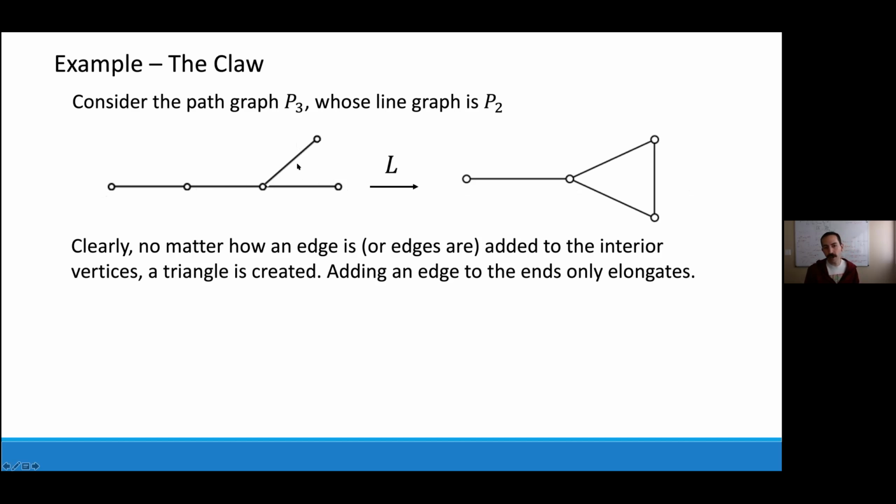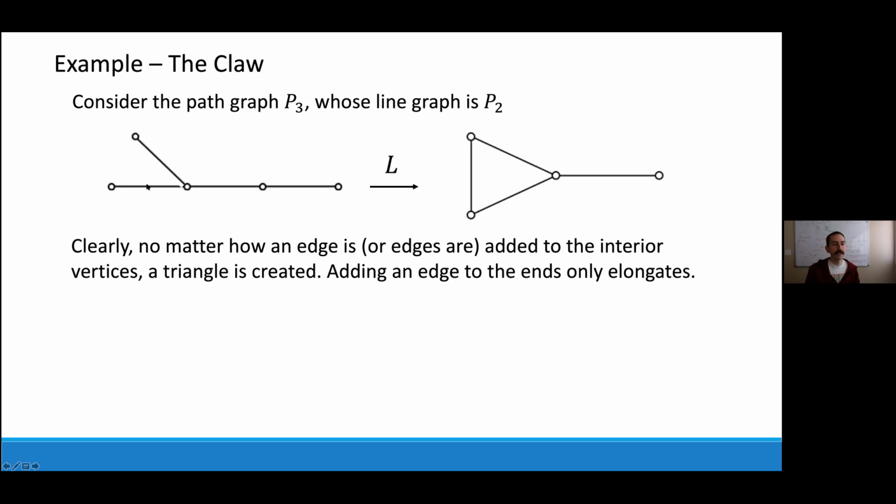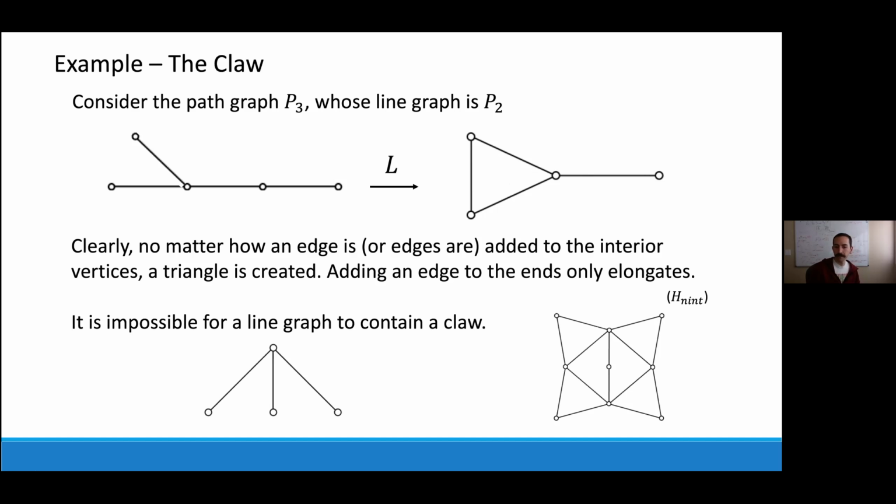So I'm going to have to draw an edge connecting these 2 edges when I take the line graph. Similarly, if I had done it over here, I would get a triangle over here. Okay, this is inescapable. So it's impossible for a line graph to contain a claw. Okay, that's the point. It's impossible for a line graph to contain a claw.